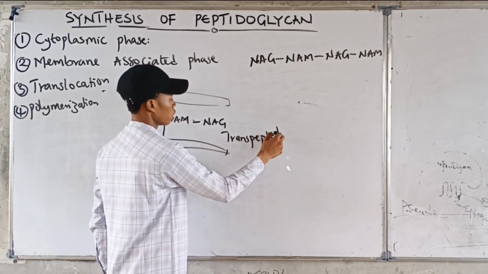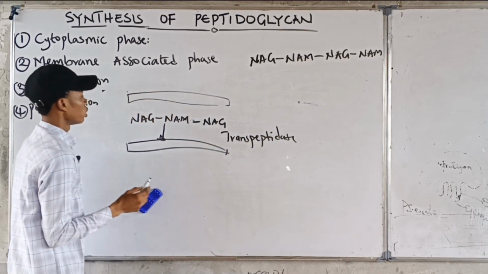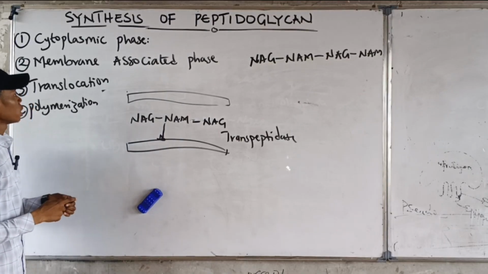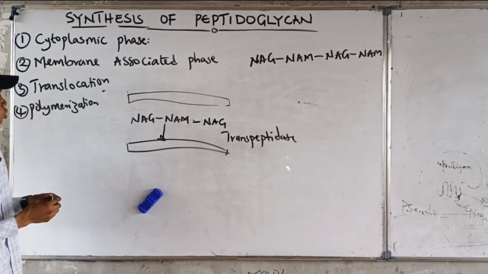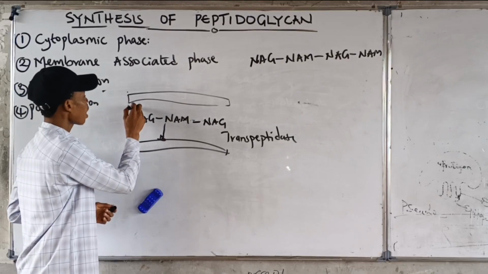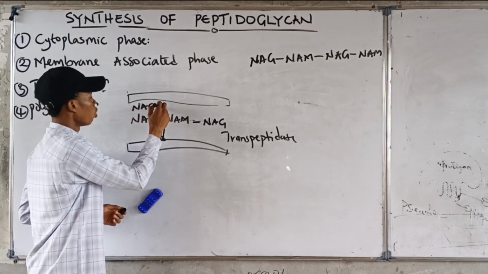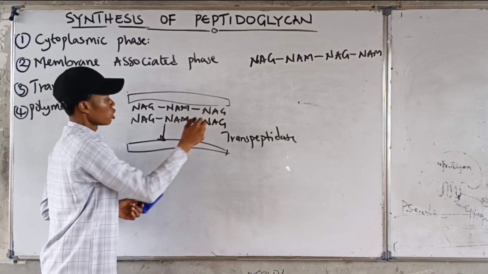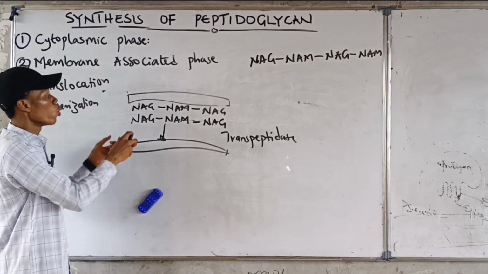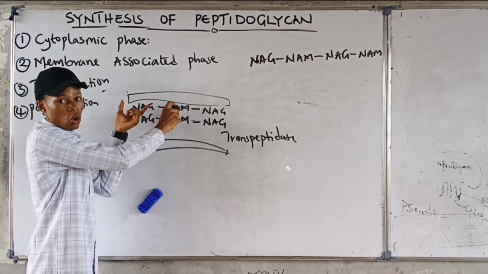Now let me say something here. The last step, still in polymerization, here we must have two chains of this. So in polymerization, we will have two chains of this.